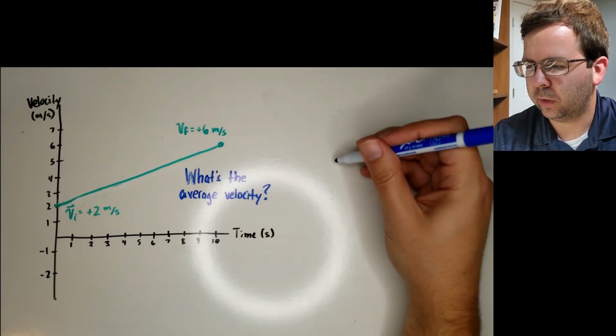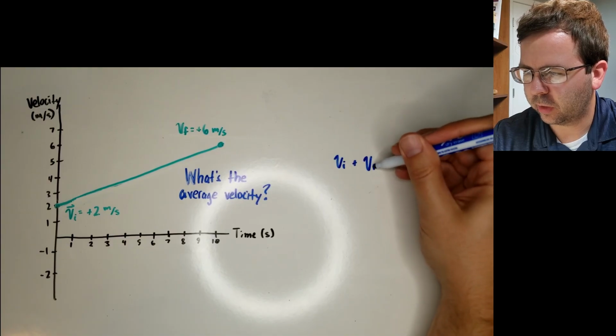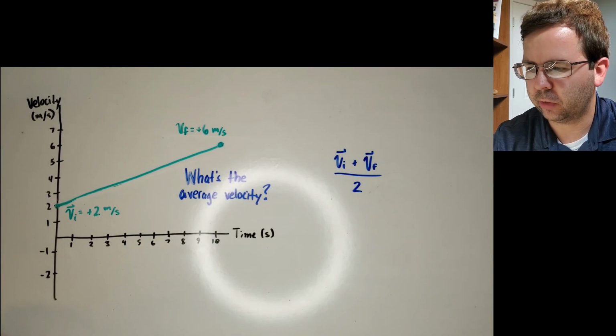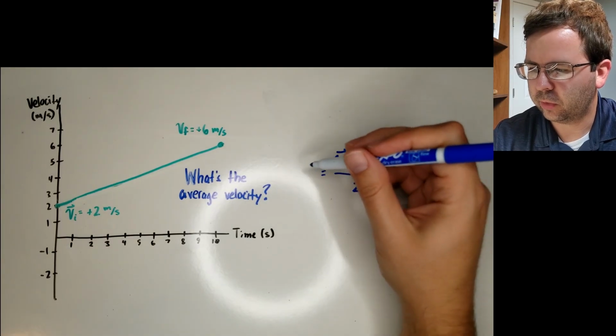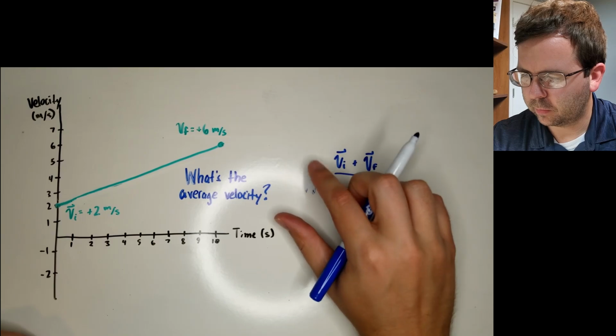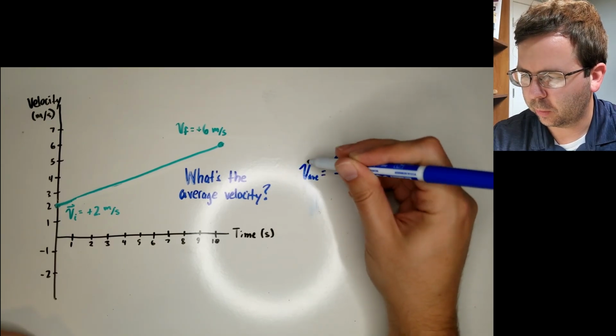You add up the initial velocity plus the final velocity, and then simply divide them by 2 because they're two different values. This will give us the average velocity of an object as long as it's accelerating at a uniform rate.